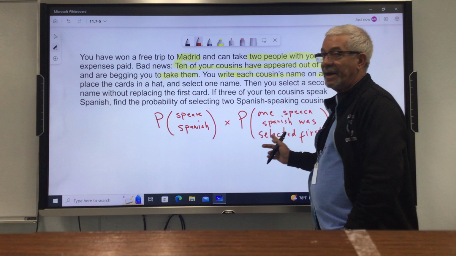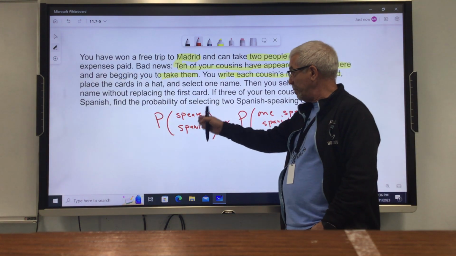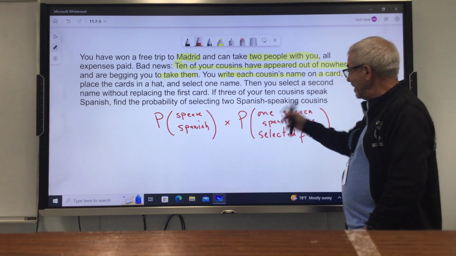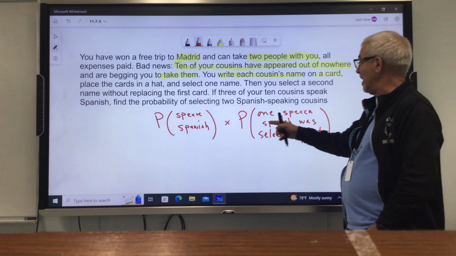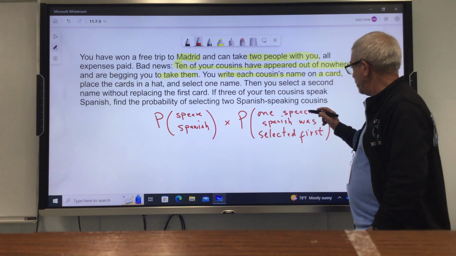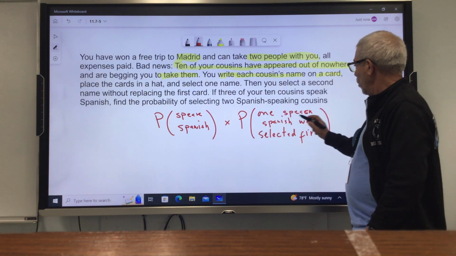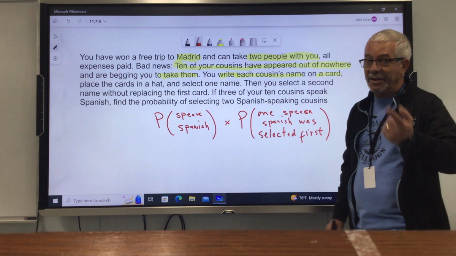That is the probability that I need to find: the probability that I speak Spanish multiplied by the condition. Because the condition is that one that speaks Spanish was selected already.